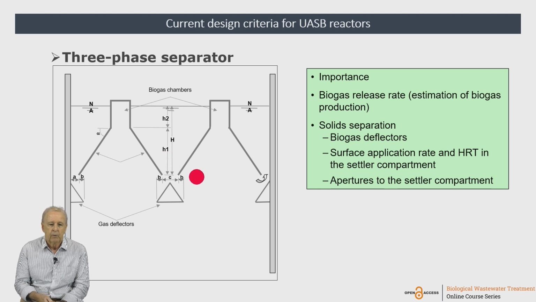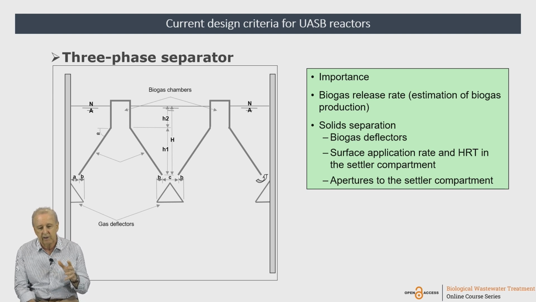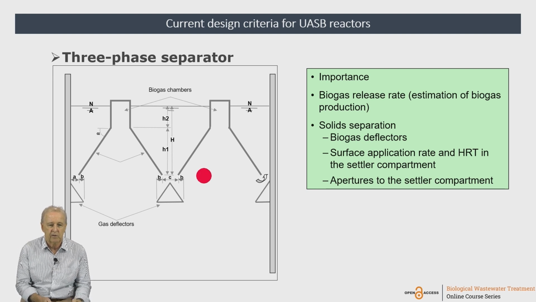And here we have to comply with various design parameters or guidelines. For instance, we have to determine the correct angle, and this angle here usually should be above 50 degrees to allow the return of the solids to the settler, to the digestion compartment.